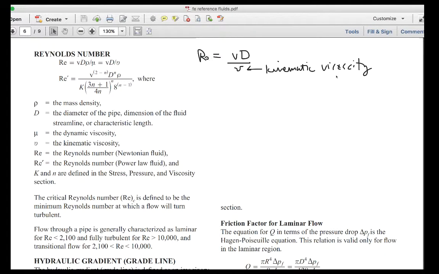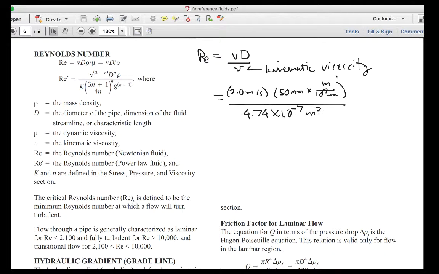So the Reynolds number is equal to the velocity, which is 2.0 meters per second, the diameter, which is 50 millimeters, and we know that there are 1,000 millimeters per meter, so we have the same units, divided by the kinematic viscosity, 4.74 times 10 to the minus 7th meters squared per second.